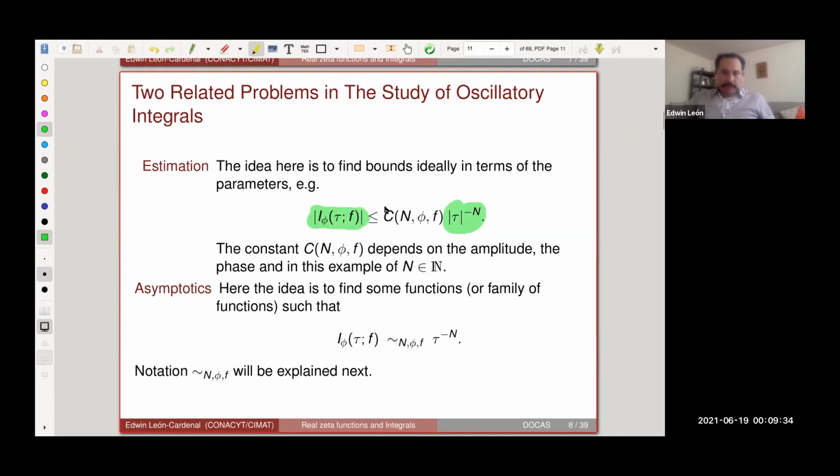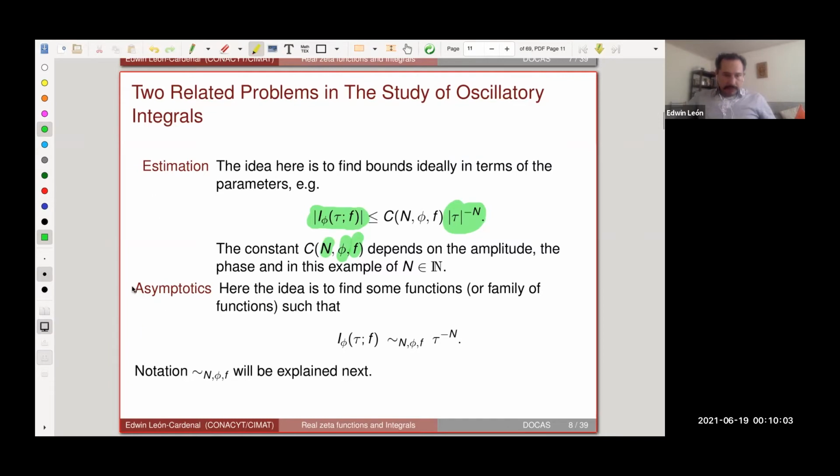And this bound will include constants that depend on several factors. In this particular example, it depends on the phase, on the amplitude, and on the dimension n. Okay, but this is just an example of this type of problems.